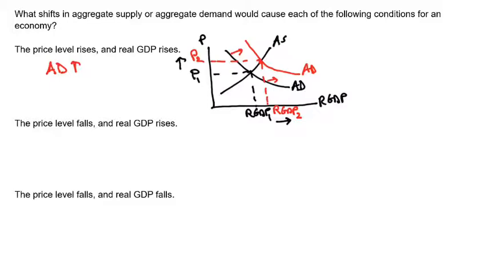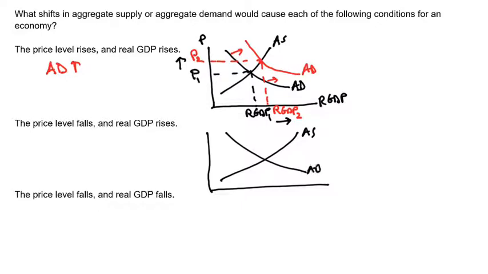The price level falls and real GDP rises. I always start with my generic equilibrium in this economy. Let's show the initial equilibrium as P1 and real GDP 1. And in this case, we know the price level falls and GDP rises.